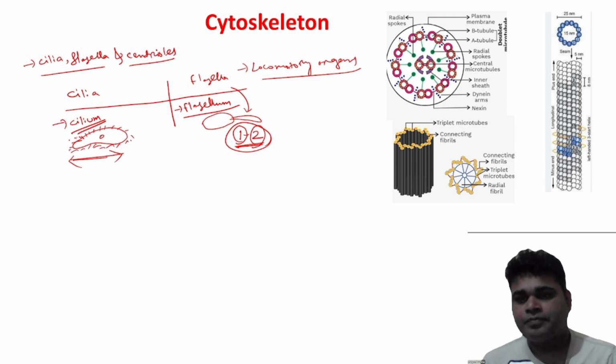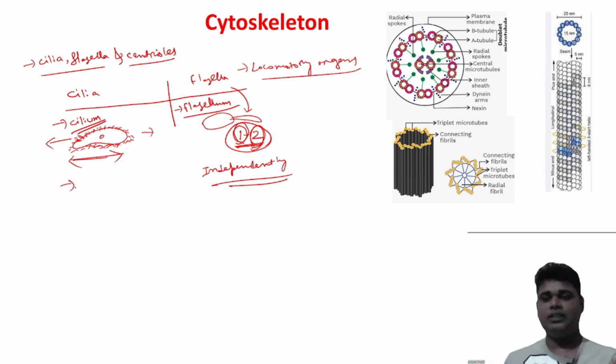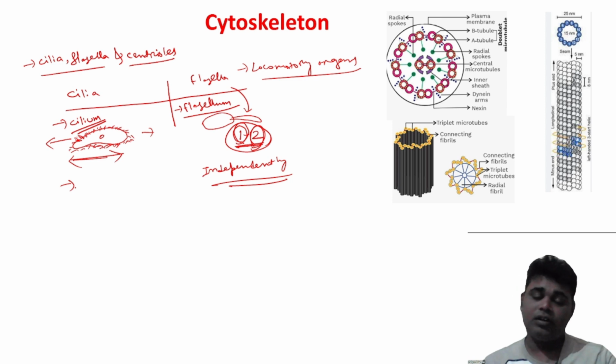Now, in the animals which have cilia, all the cilia must move at a time, so that it can move forward or backward. But in the flagella, because of the presence of a single one or maximum two, it is not coordinated. That means it can move independently, while the cilia must move in coordination with each other, so that the organism can move either forward or backward.